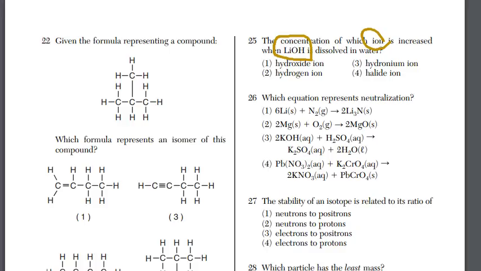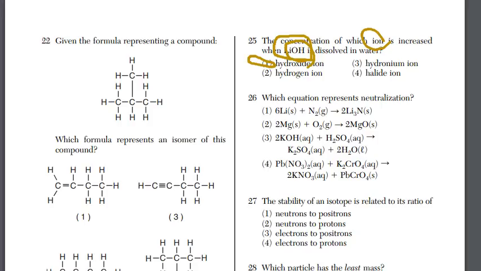You can take a look at the reference tables for common bases, and what we have based on Arrhenius's theory is the hydroxide ion. So the answer here is choice 1. Now, don't confuse hydroxide with the word hydrogen ion, hydronium ion, or for that matter, halide ion. They're all different words, which means they are all different ions.